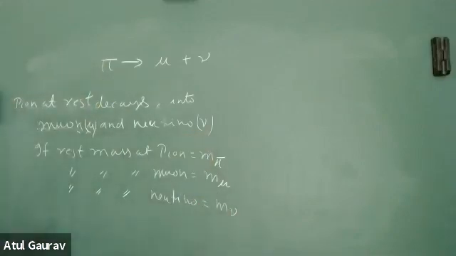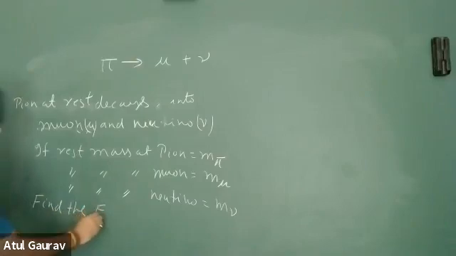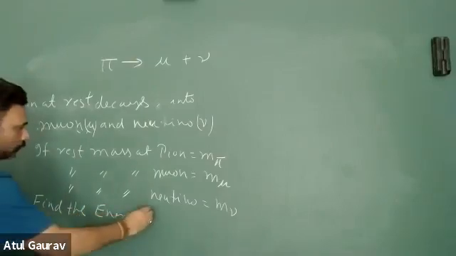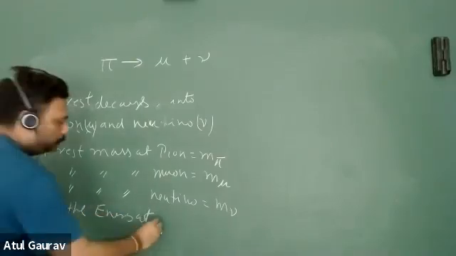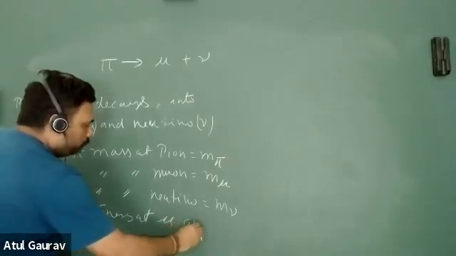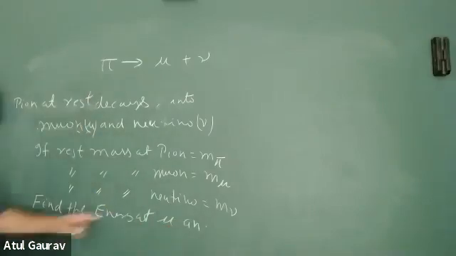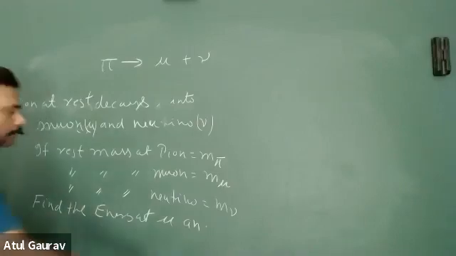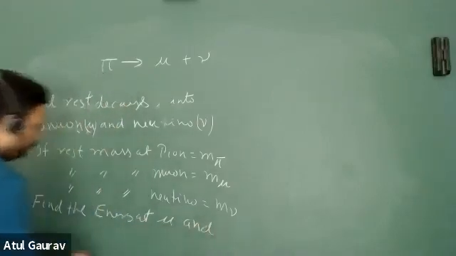So all have mass, it is given. Then find the energy of the muon. Which type of energy? Outgoing energy. Find the outgoing energy of the muon and the neutrino.